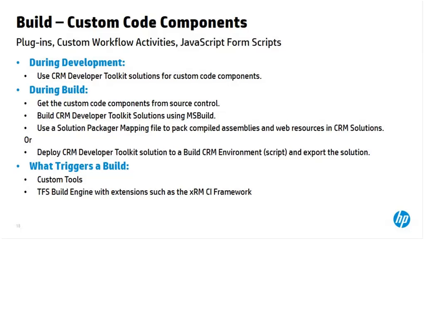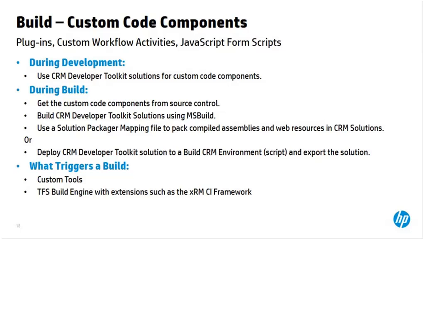Now, during a build, you need to get your custom code components from source control. You need to build either your custom Visual Studio solution or CRM Developer Toolkit solution using MSBuild, and then you need to incorporate these custom code components. Obviously, for web resources, there's no build. For JavaScript web resources, there's no build. For Silverlight, you'll still have a build if you're still using Silverlight.